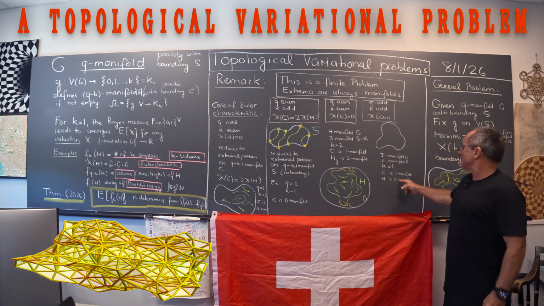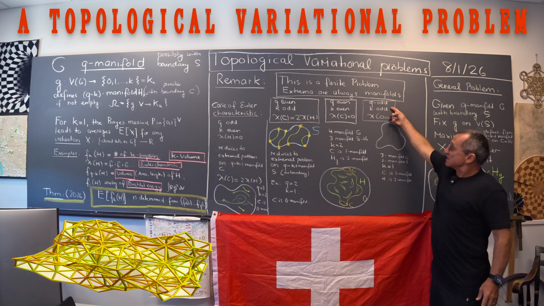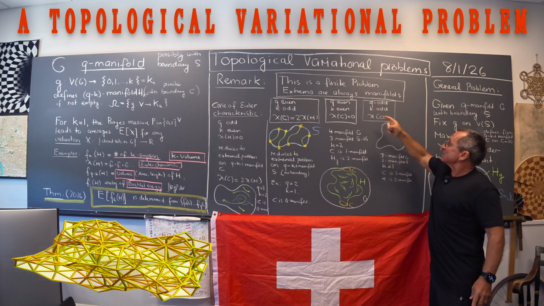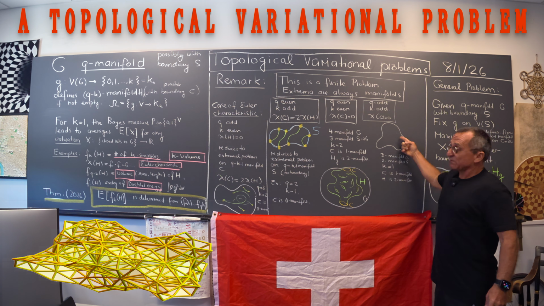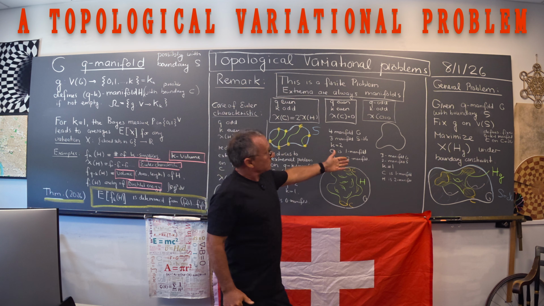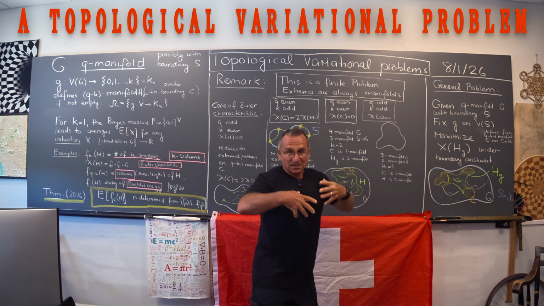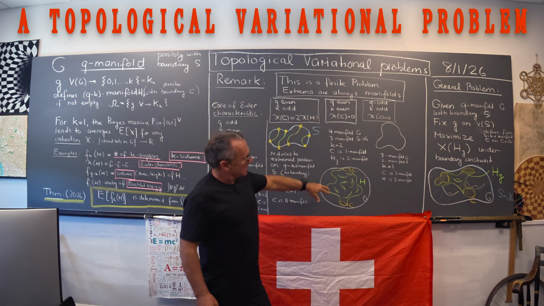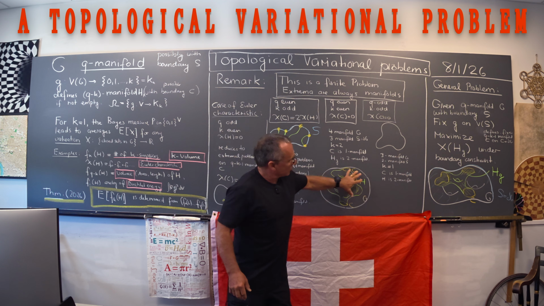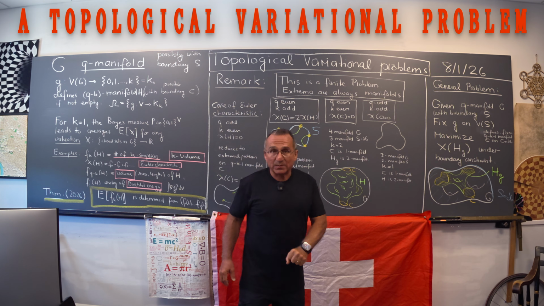I was actually looking at this case, which is very similar, where q is odd and k is odd. If you have a 3-manifold and k is equal to 1, you get 2-manifolds inside. The boundary is 2-dimensional and the interior is 3-dimensional.